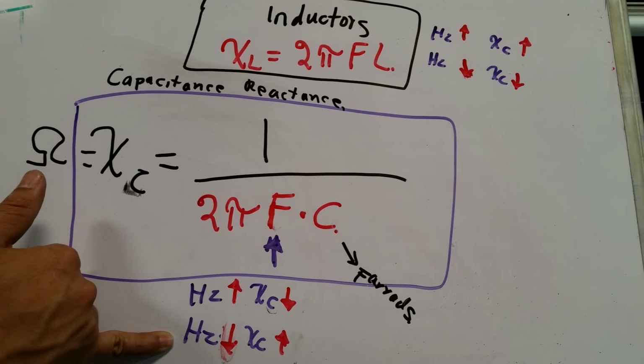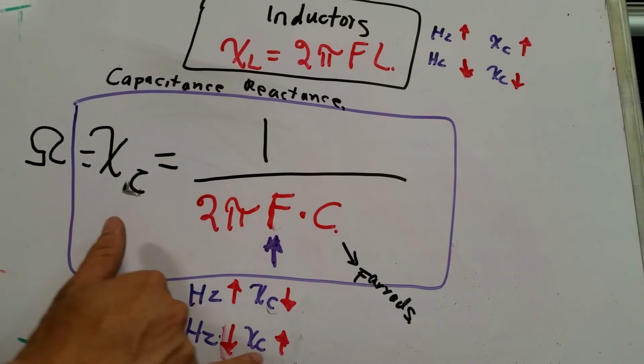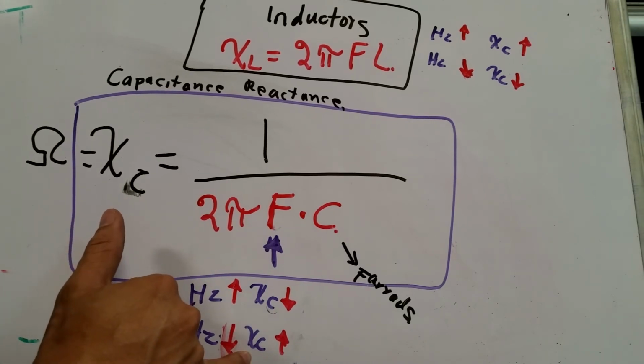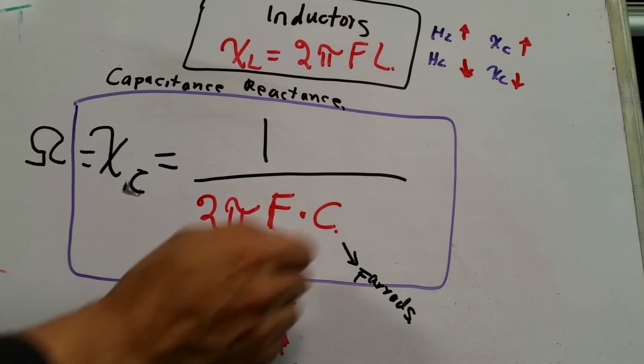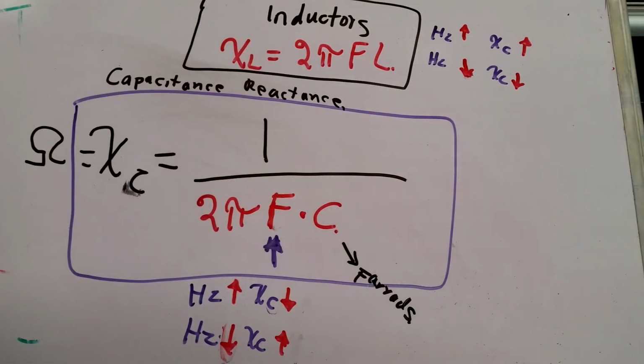Conversely, if the frequency going to the capacitor goes down, then the capacitive reactance will go up. In an inductor, it was the opposite. Just remember this because this is the type of question you get asked on your advancement test.